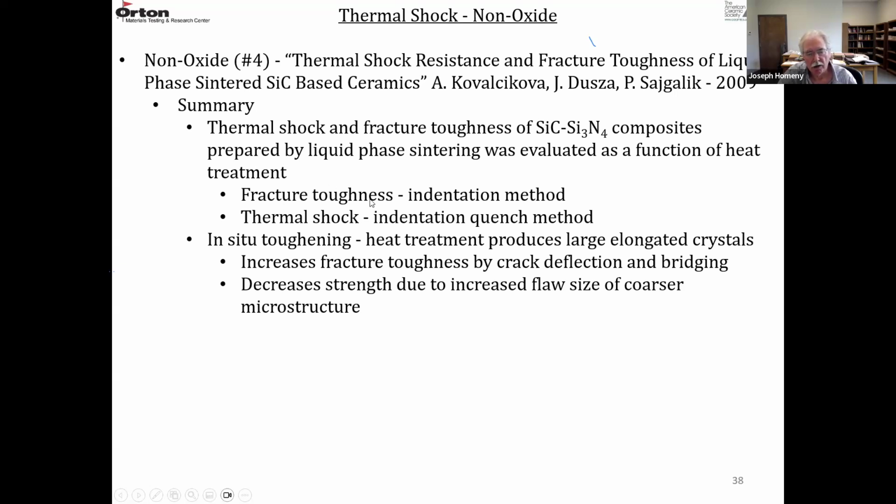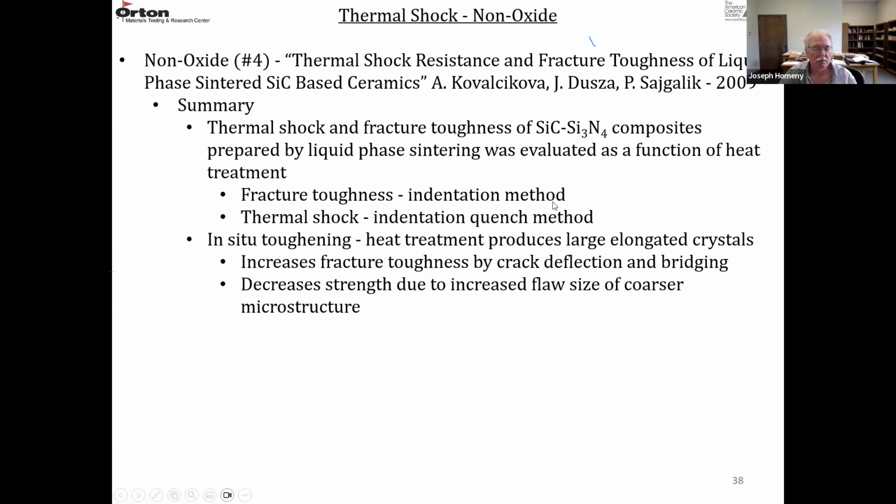They measured fracture toughness by an indentation method, and they used a thermal shock method that's different than any of the ones I've described so far. It's an indentation quench method. So we looked at a single edge notch beam as one technique to measure fracture toughness. That's a very good technique.